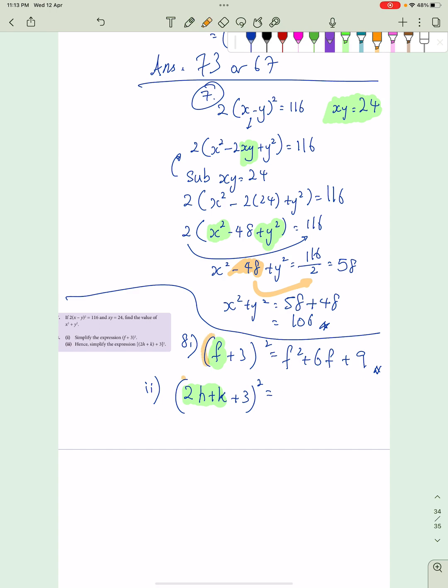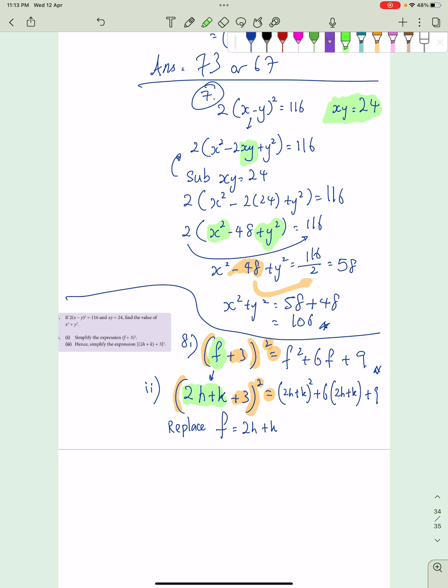You see, the bracket is the same, the plus 3 is the same, the close bracket is the same, even the square is the same, even the equal is the same, right? So it means that I will actually replace f with 2h plus k. So this is how it looks like. 2h plus k whole thing squared, plus 6 (2h plus k) plus 9.